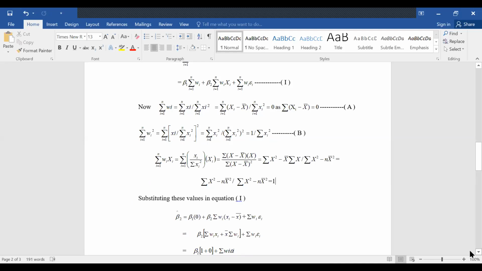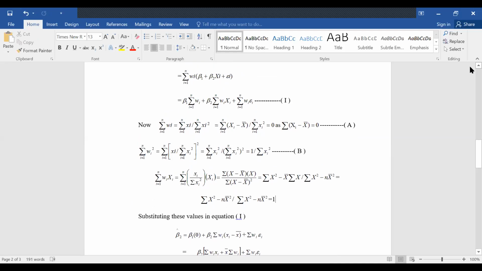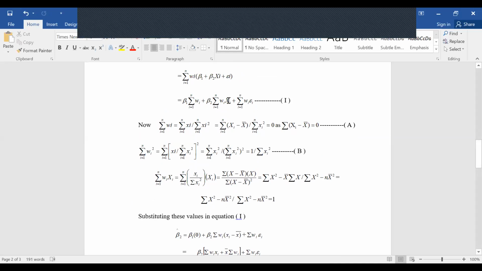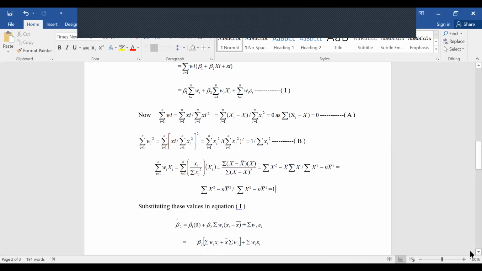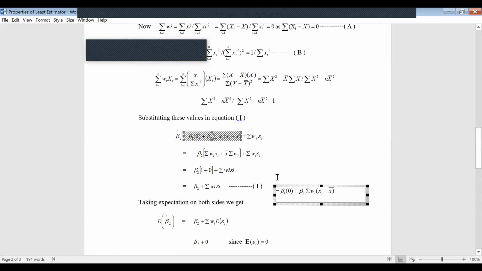Therefore, now putting all these values in equation 1, that is beta 1 summation w is equal to 0 plus beta 2 summation w xi, which is equal to 1. So there is no need to write down here. This is summation wi and capital Xi.